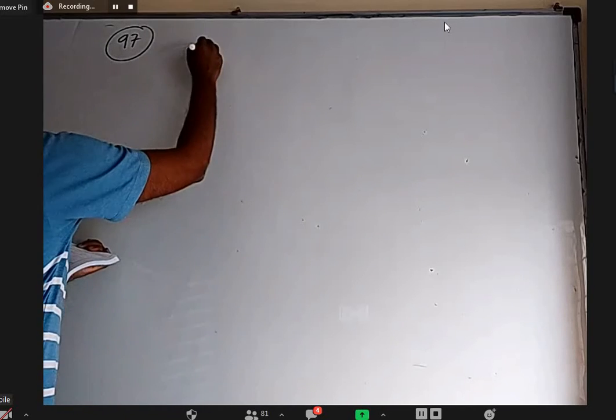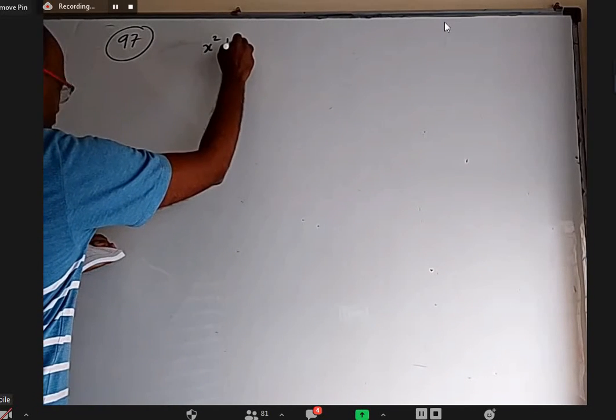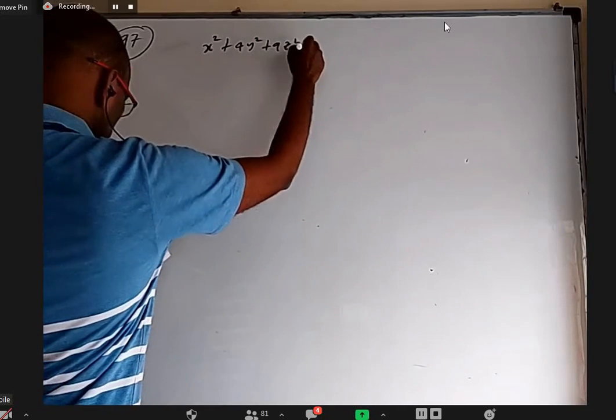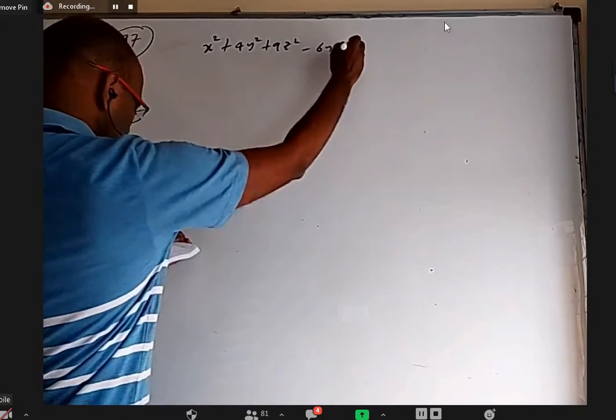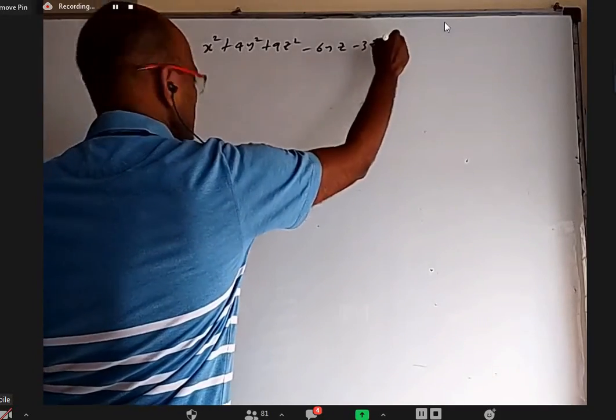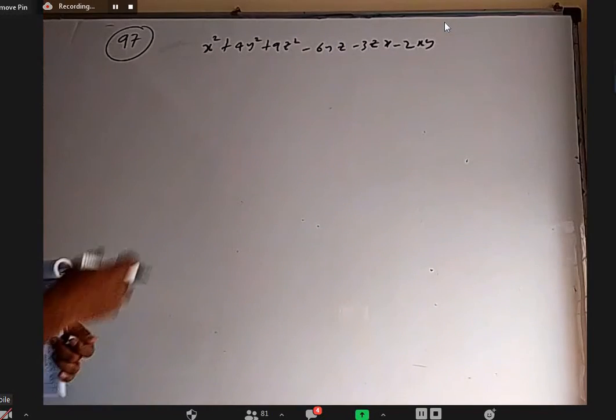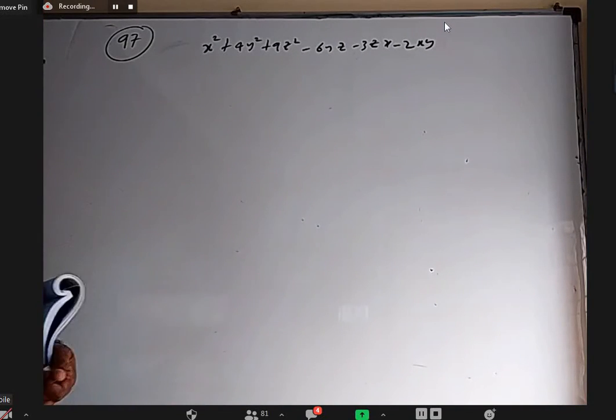Basically, the question is you can take x any real number, y any real number, z any real number. You have to find the range of x square plus 4y square plus 9z square minus 6yz minus 3zx minus 2xy. I could put different x, y, z values and find different values, but how many values can we take?